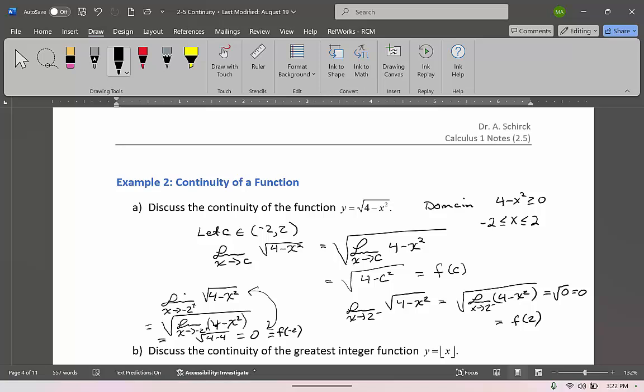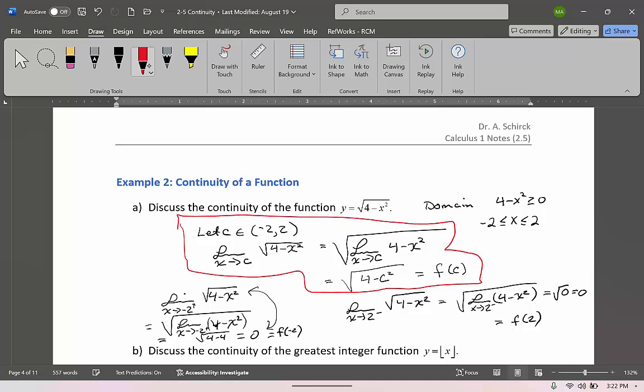All right? So basically what we've shown is that for any point in the open interval from negative 2 to 2, the limit is equal to the value of the function. And then we went to the endpoints of the interval, and we showed that the right-hand limit is equal to the value of the function at that endpoint, and the left-hand limit is equal to the value of the function at the other endpoint.